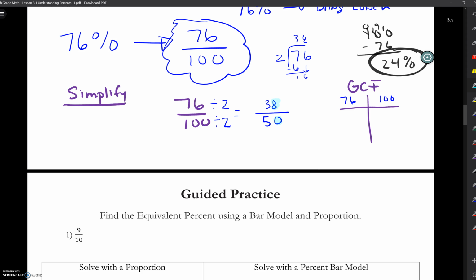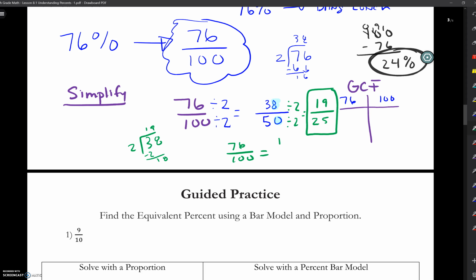So now what I could do is I could divide this again by 2 and this again by 2. So 50 divided by 2 is 25, and 38 divided by 2 is 19. And so we're done there. So we know that 76 over 100 is equal to 19 over 25.